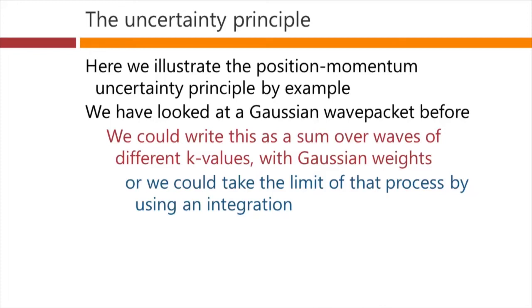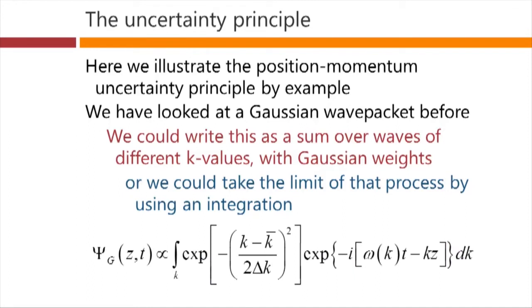It's really still the same thing as a sum, just mathematically slightly more elegant. So our Gaussian wave packet is a sum over every wave with different k in a particular range, with these Gaussian factors weighting them out the front.